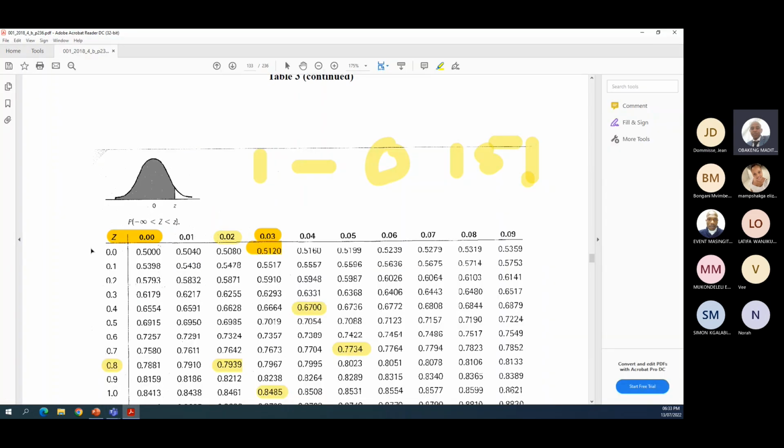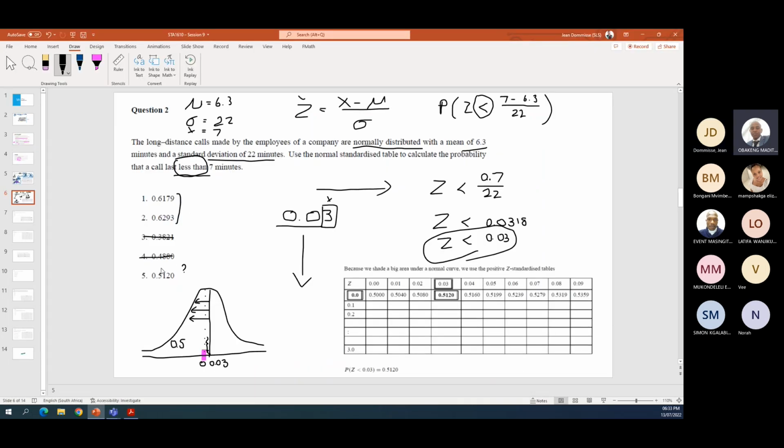So down the table for the first two, 0.0, across the table for the second one. So 0.03, the probability will be 0.5120, which is that one. So let's just look at the piece that I've copied in here.